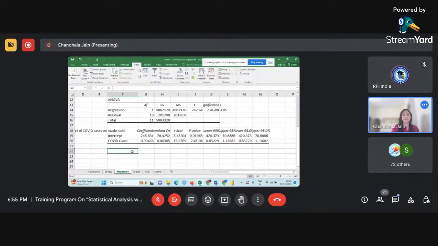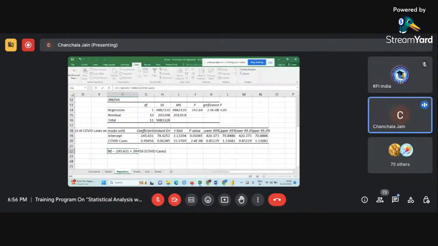Is it clear? So your line will be minus 245.631 plus 0.99456 into COVID cases. Done? Clear? Yes, ma'am.